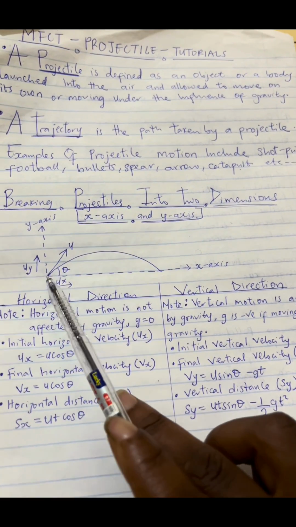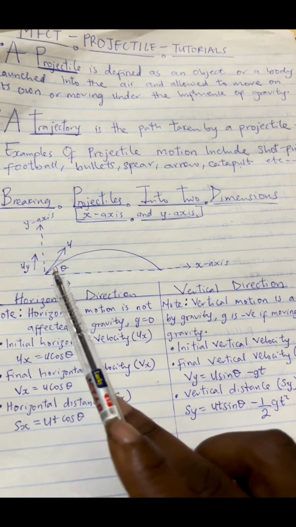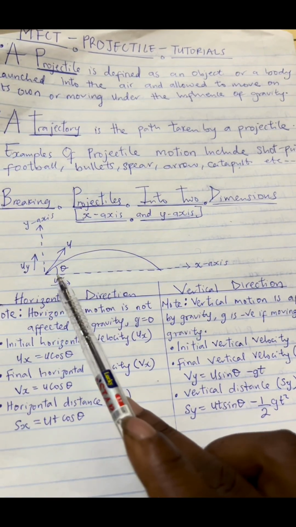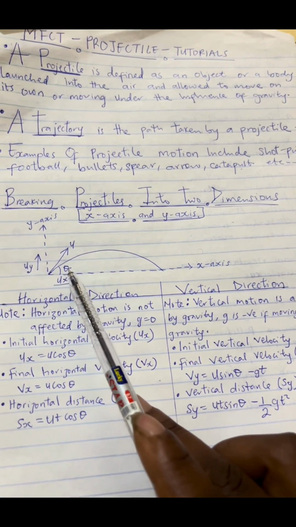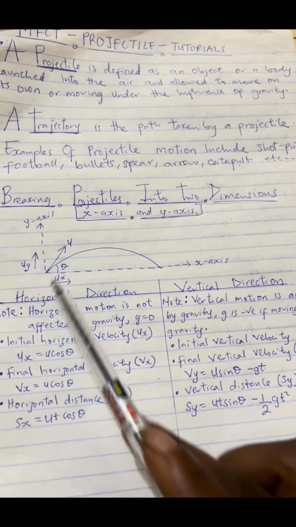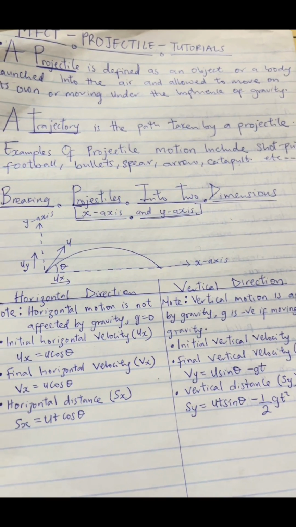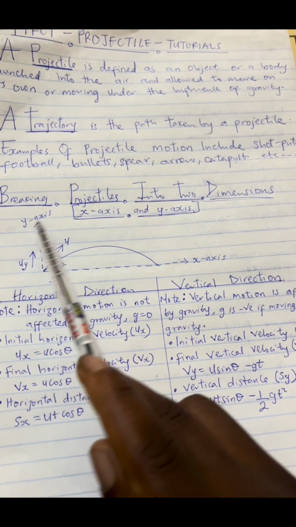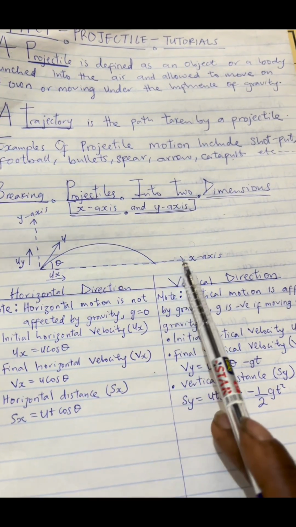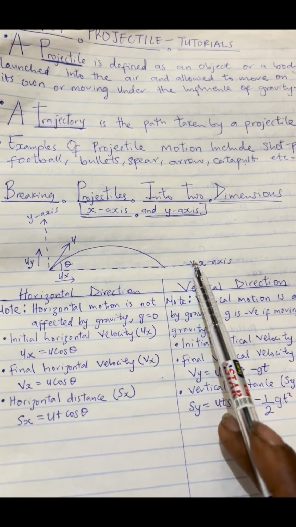As it moves in this parabolic manner, it is going to have a particular angle, and this angle is referred to as the angle of projection. That is the angle at which the ball is being kicked. Then we can trace this up and refer to it as the y-axis. We can then trace this down and refer to it as what? X-axis. Do you get that?